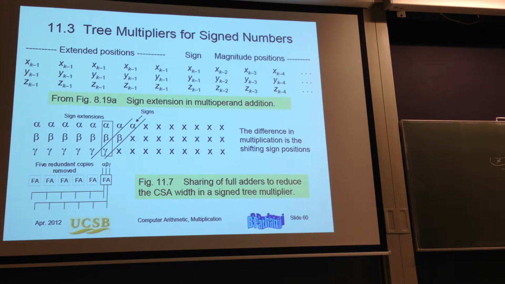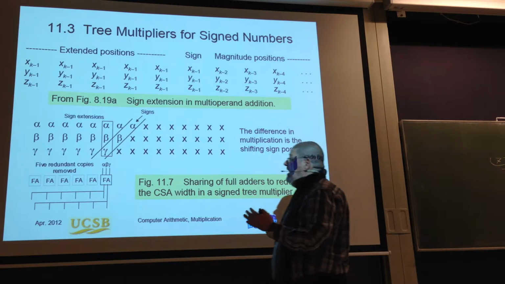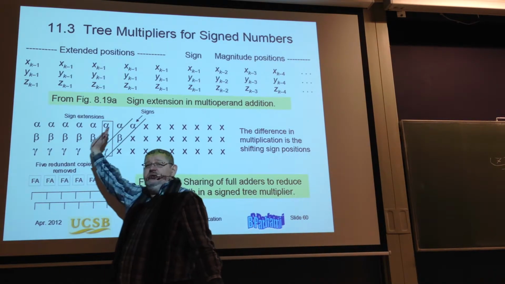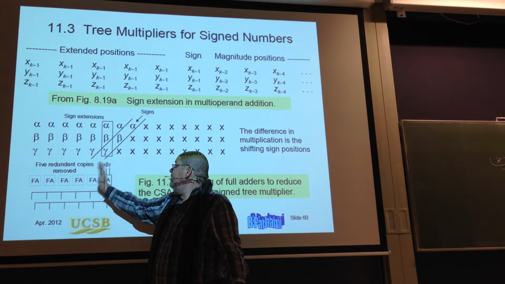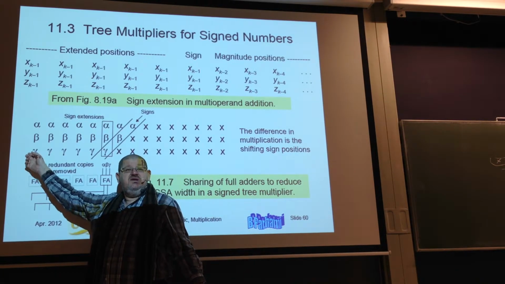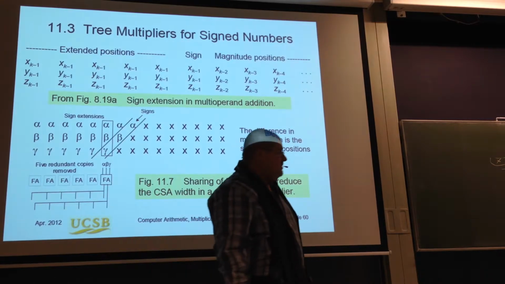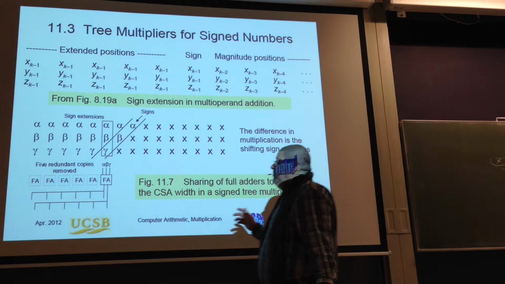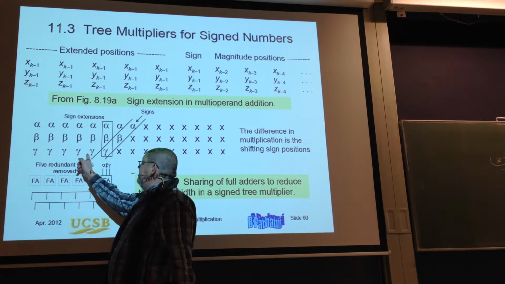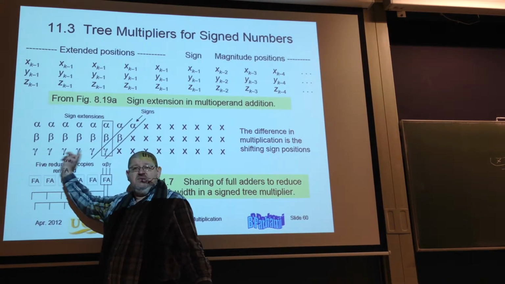Then sign extension. Now, my matrix is certainly not nice, and I have to do sign extension. And we discussed the sign extension, then basically I have to pad all my columns in such a way that I obtain that funny shape when everybody is going up to the most significant position. What you see is that when I do this padding, I will have to apply full adders over positions which are similar.